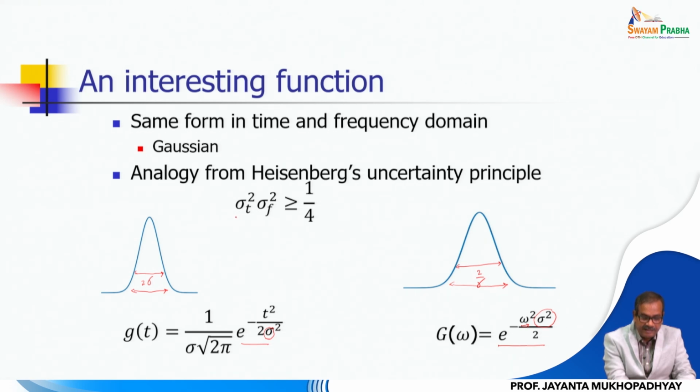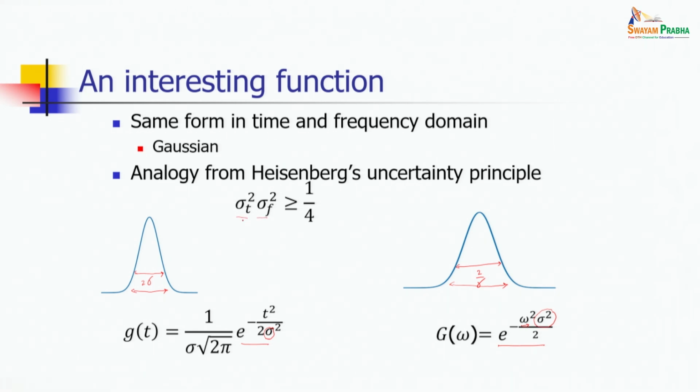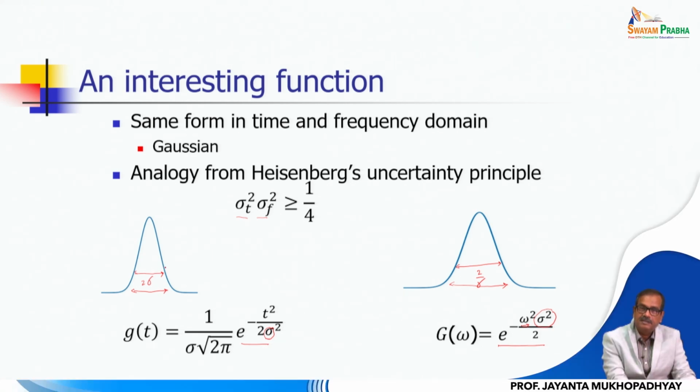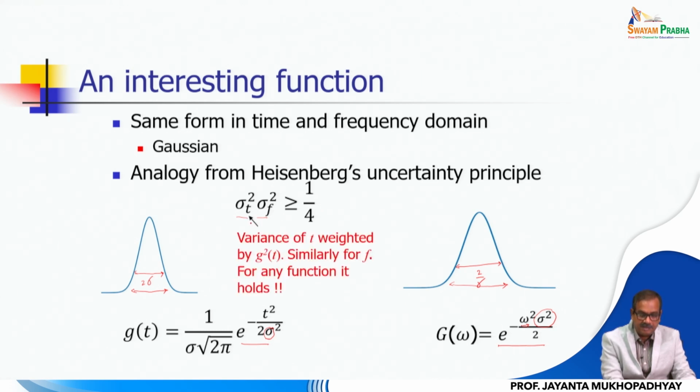Now if I take the variances, the product of the variance of the function in the time domain, or the original domain, and correspondingly the function in the transform domain, this will always be greater than or equal to 1 by 4, which means there is a kind of inverse relationship between them, as you can see.